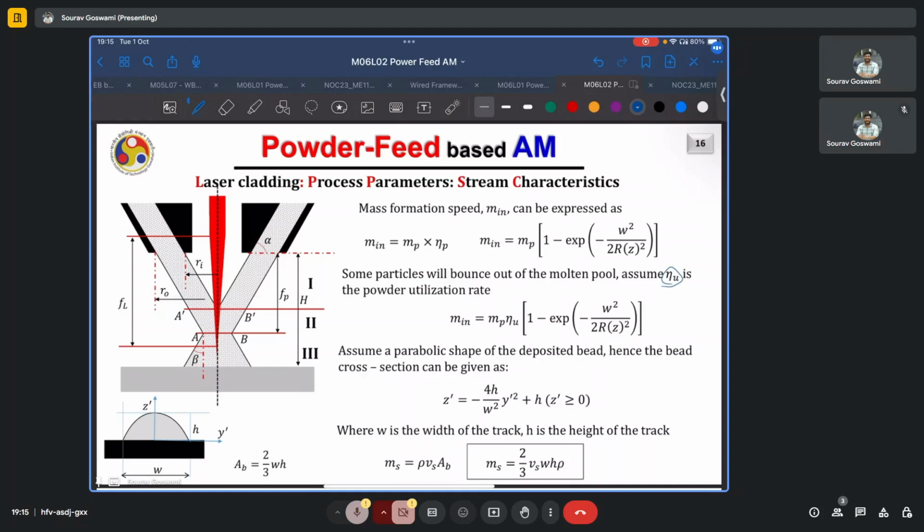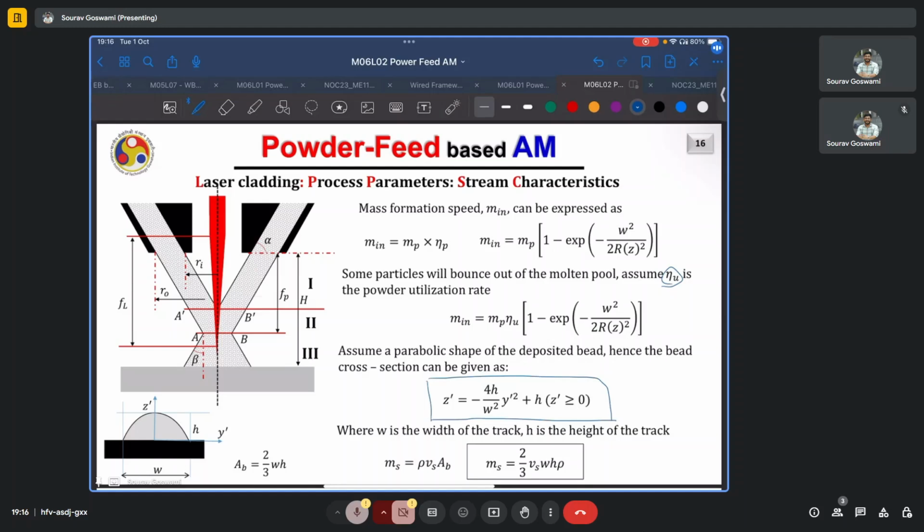Now, while the top of the melt pool was assumed circular, now that we are moving the heat source and the bead is getting deposited, if along the cross section we assume a parabolic shape of the deposited bead, the bead cross section can then be described by the equation given here. z prime is equal to minus 4h by w square y prime square plus h for all regions where z prime is greater than or equal to 0, that is above the substrate, where w is the width of the track, h is the height of the track.